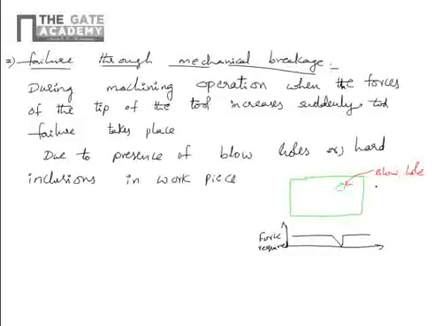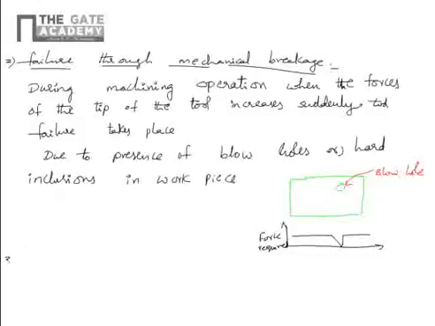Not only blowholes: if you are machining a cast iron component and there is a small piece of aluminum, because aluminum is very soft, the force decreases suddenly and again increases when the cast iron material comes. So because of the change in the material, failure also takes place. This is called failure through mechanical breakage. It has nothing to do with temperature, but is due to the breakage. A large noise will come.